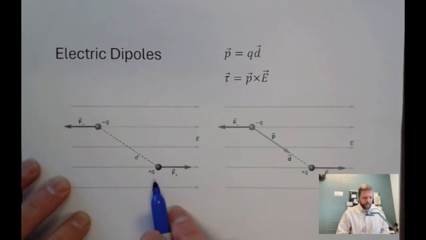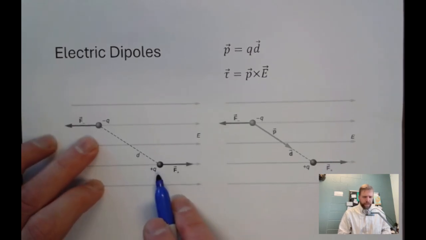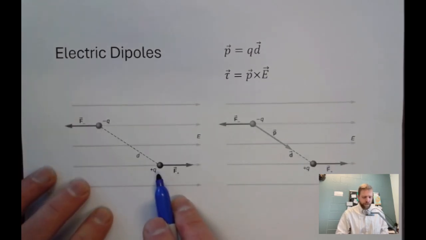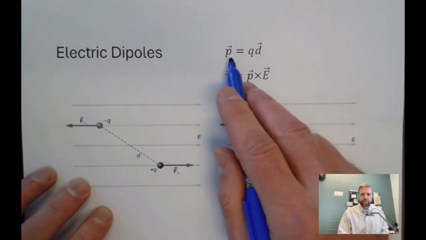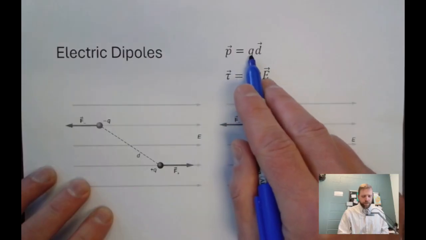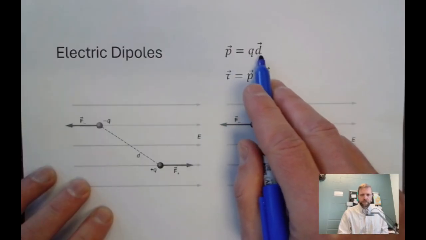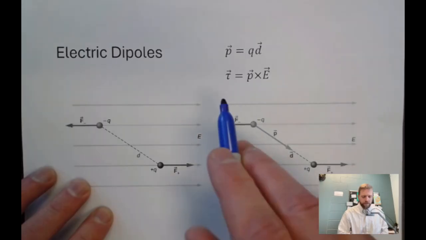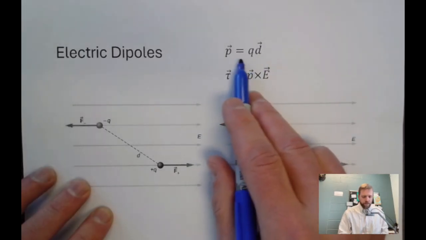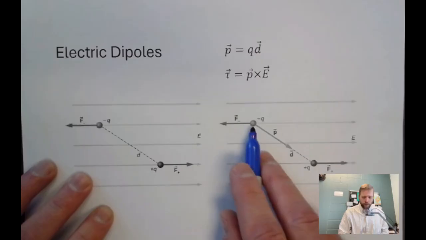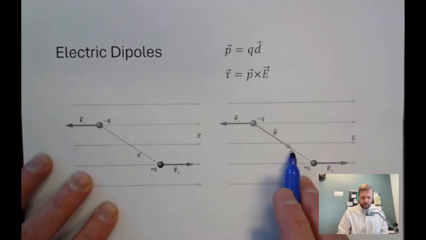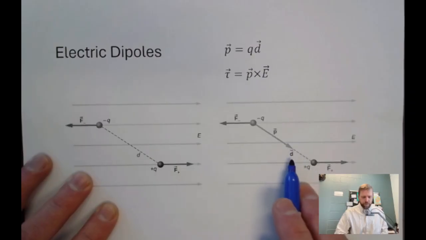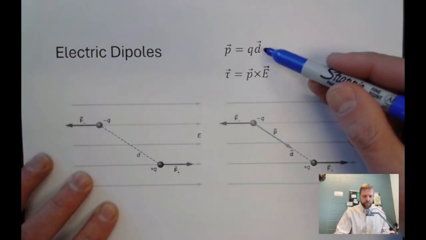Okay, and an electric dipole is quantified with what's called a dipole moment, and that's given by the letter P here. And P is simply the charge times the distance that separates it. Technically, the dipole moment points in the direction from negative to positive, because this is the direction of the displacement vector.